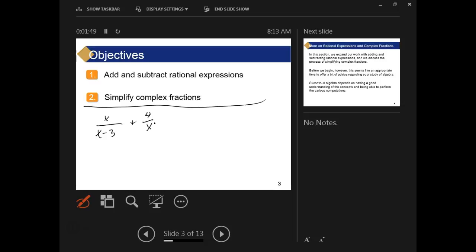You can't divide by 0. How about here? What would make that denominator 0? Positive 3. 3 minus 3 would be 0. So, I don't always write it, but I'm going to this time. Over here on the side, x cannot equal 0 or 3.